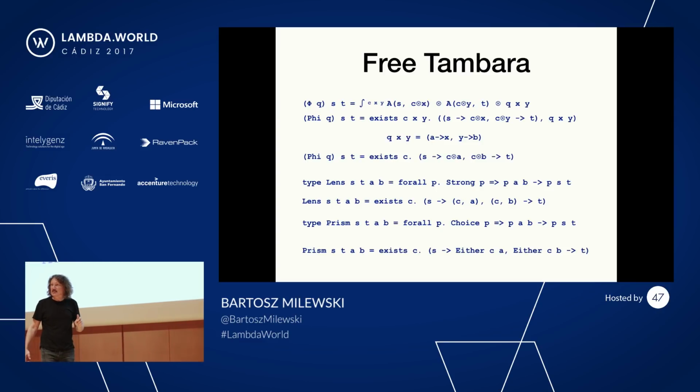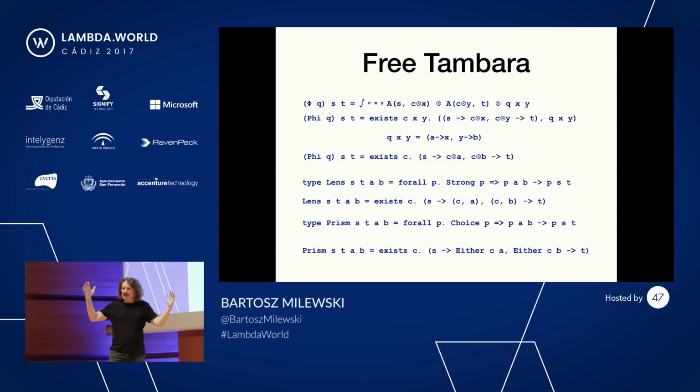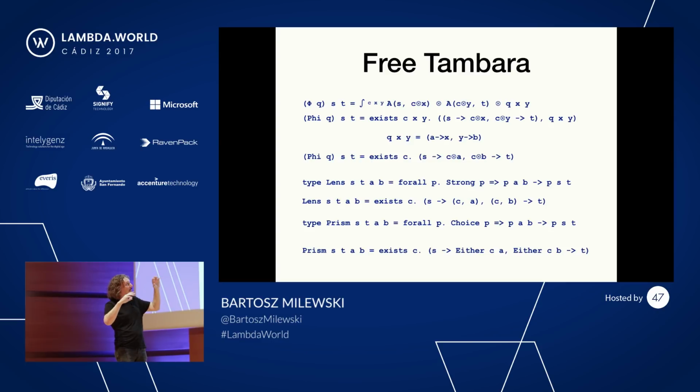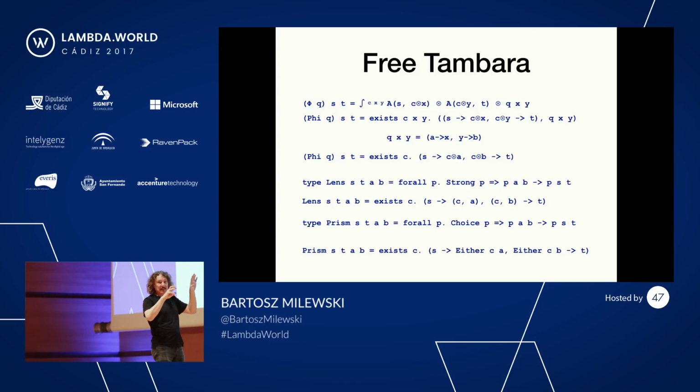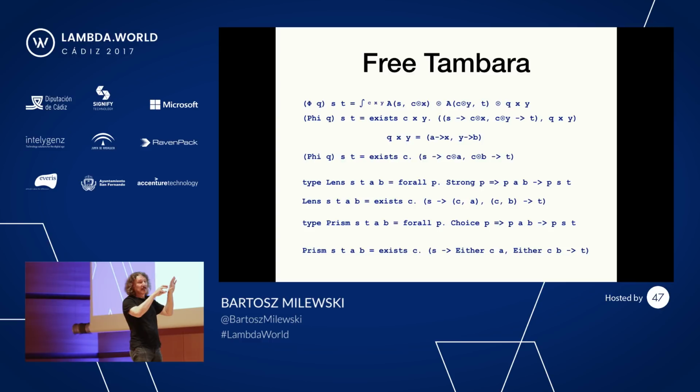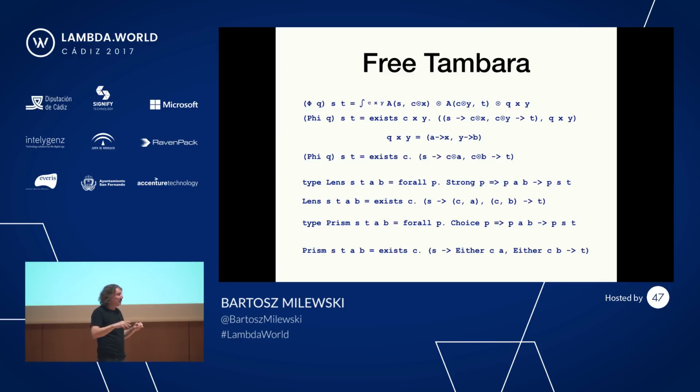Do you recognize this as a lens? It says that the whole data structure S can be split into a product of some C, the environment, and the focus A. And again, if I have C and the focus B, then I reproduce T. So that's an existential definition of a lens.